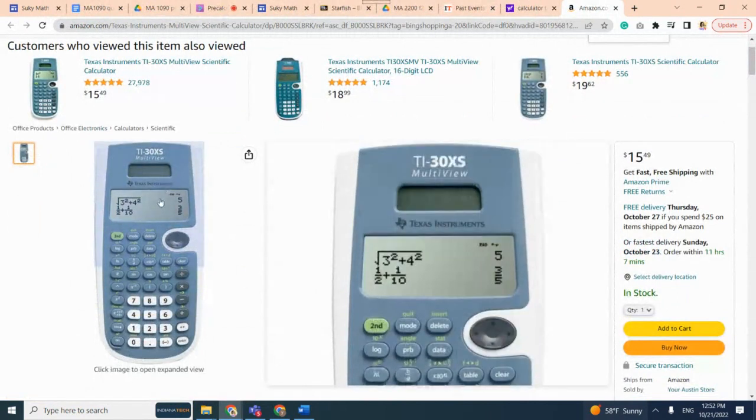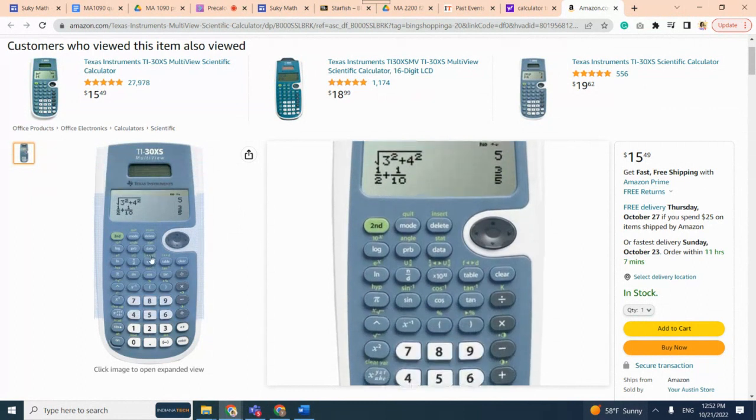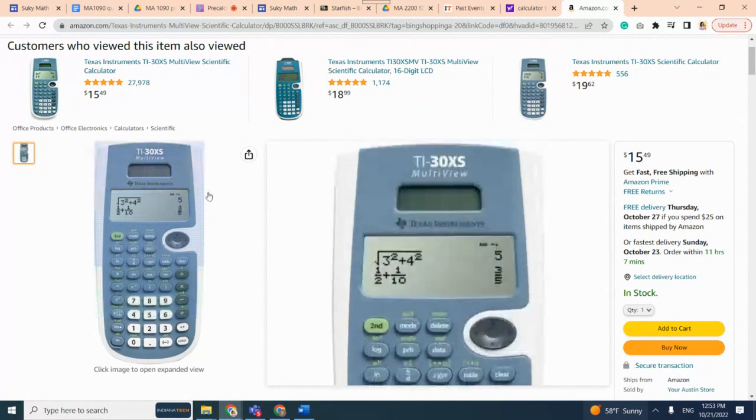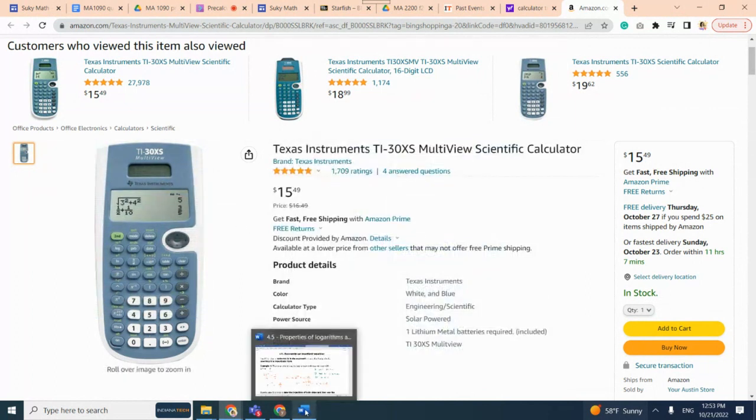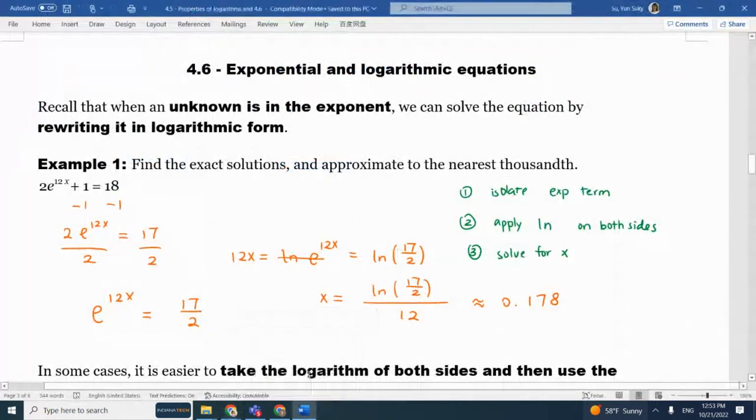The good thing is that this calculator is multi-line, so instead of just one line, it has multiple lines, and you can enter everything in one line and then get the answer. It also has statistics, so in the future, if you want to do statistics, it can help you with that. Do you all have a scientific calculator? Make sure you have it on the exam.